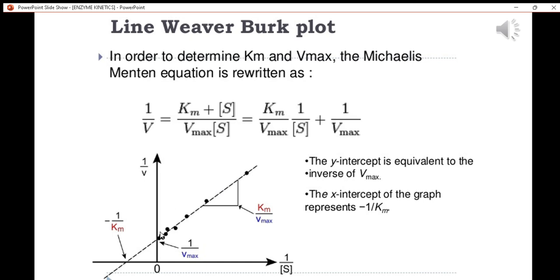That point is called 1/Vmax. If we extend it backward, it will intercept the x-axis. That point is called minus 1/Km. So here we can exactly obtain the values of 1/Vmax and minus 1/Km. And once we have 1/Vmax, we take the reciprocal of that value, and we have the Vmax. So the advantage of the LB plot is that we can get exact values for Vmax and Km.